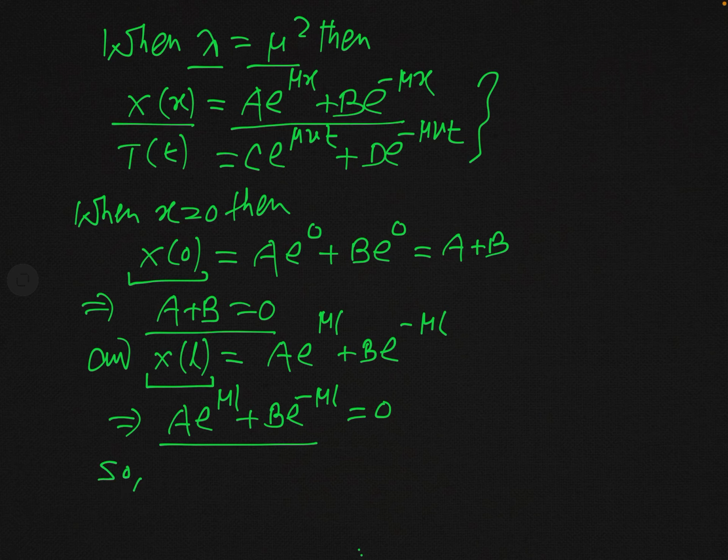So from these results we conclude that A is equal to B and that will be equal to 0 only when for all values of L this equation will be satisfied. So in fact in either of these two cases we find that the constants A and B are equal to 0.